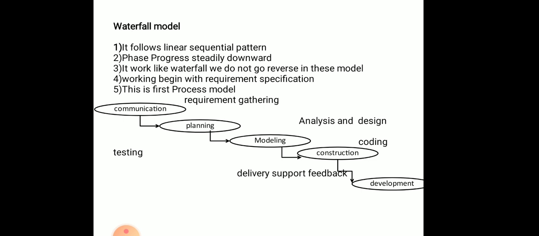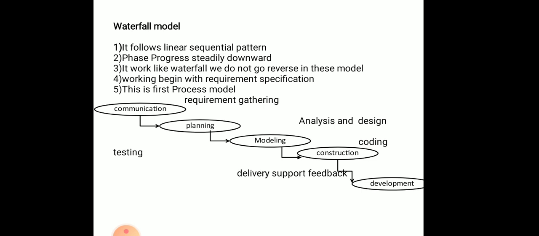Modeling phase we have designed the forms, then based on those designs the coding will be done in the construction phase. And last one is the deployment phase. In the deployment phase, we implement the project or deliver it and get support feedback from the customer. Okay, understand, these are the main five phases.